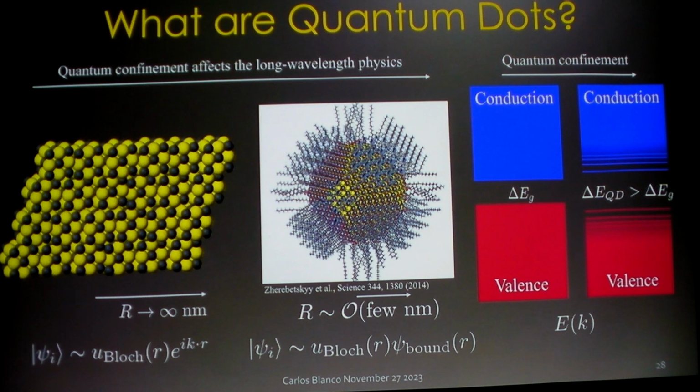As you imagine taking these boundary conditions from infinity and shrinking them to the size of the wavelength of an electron, your states now look different. The microphysics stay the same, so the Bloch piece remains relatively unchanged, but now your free space wave is no longer a solution, and that piece really turns into what's called a bound envelope. And that's sort of the first order understanding of what the electronic states look like in these quantum dots.